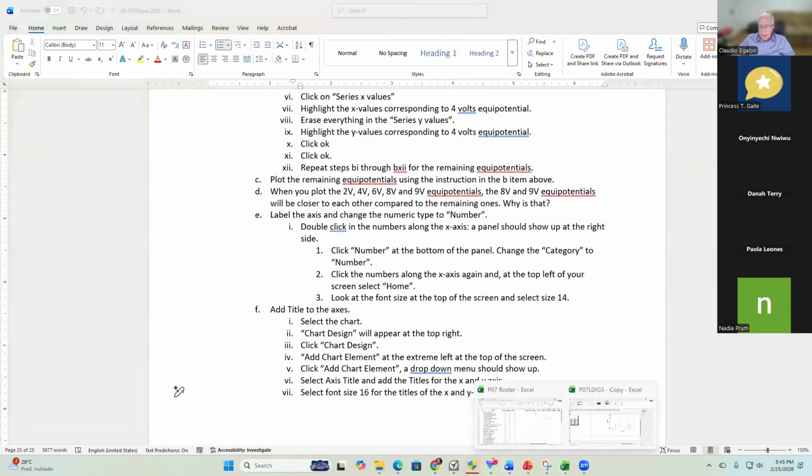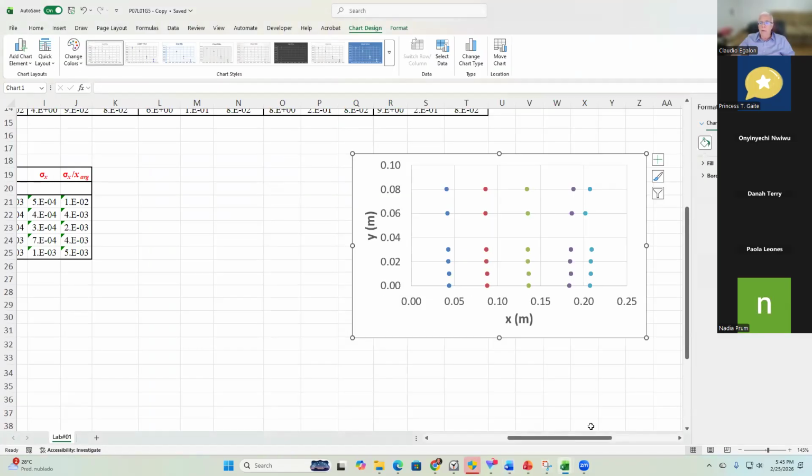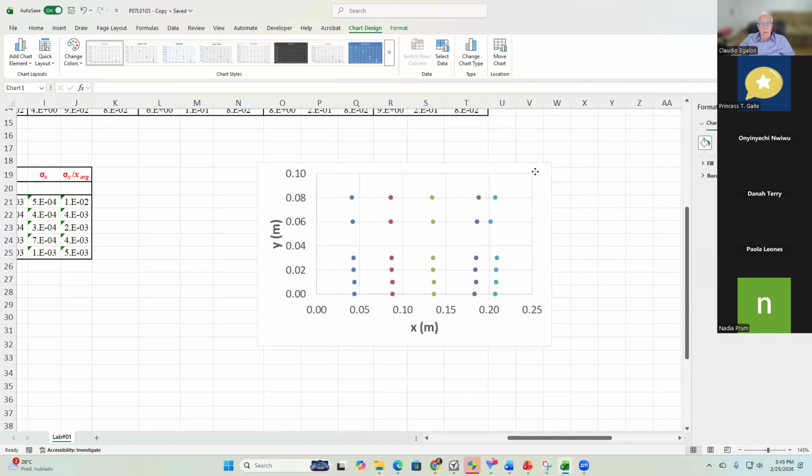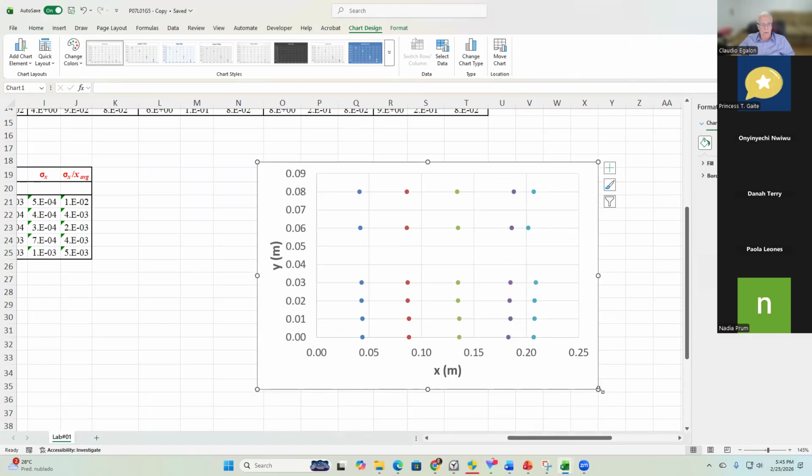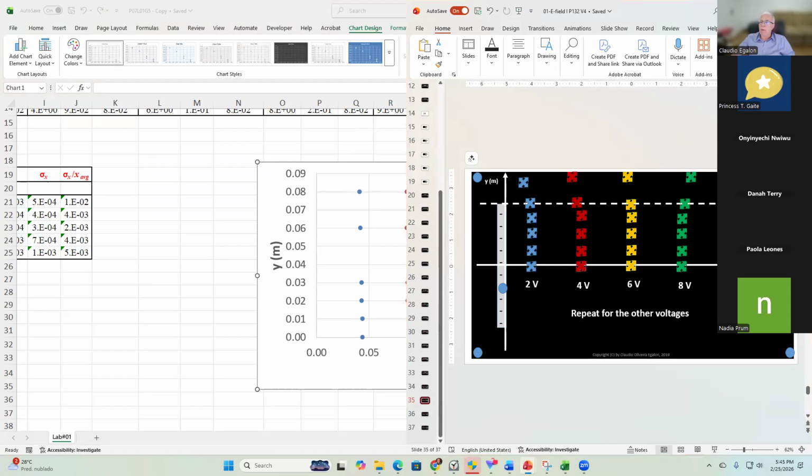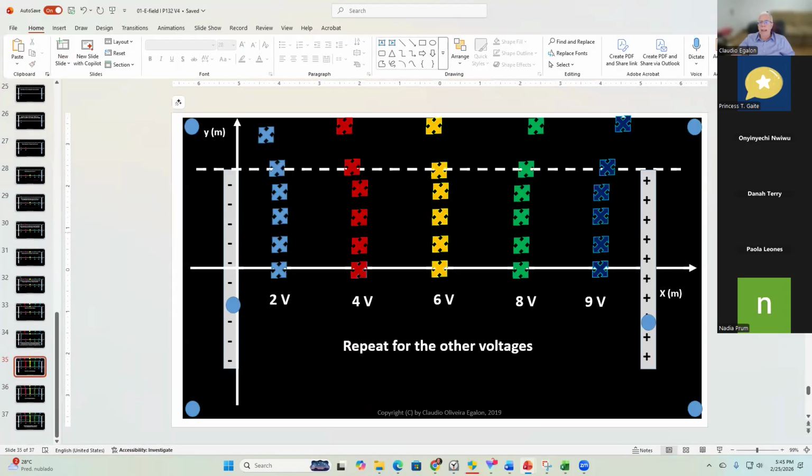Okay, so we got our equipotentials here. And if we go back to my PowerPoint slide presentation, once you get those equipotentials here, what are you going to do?